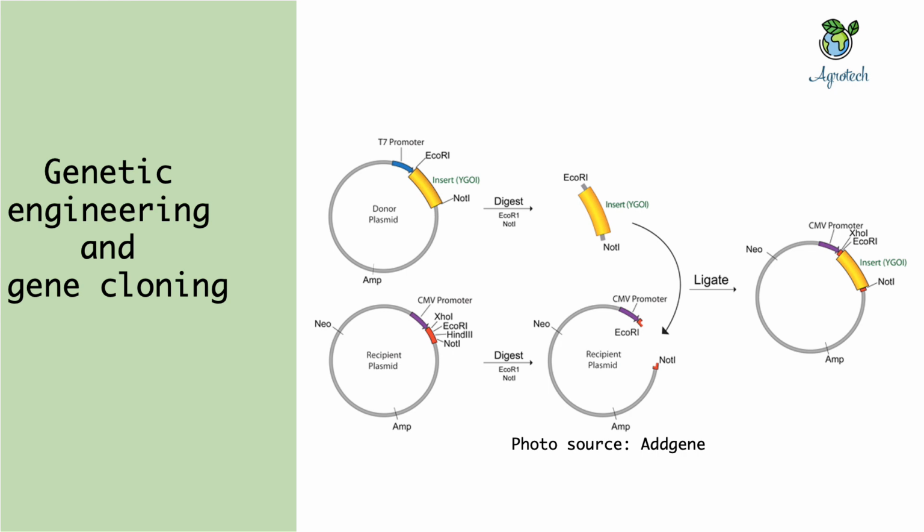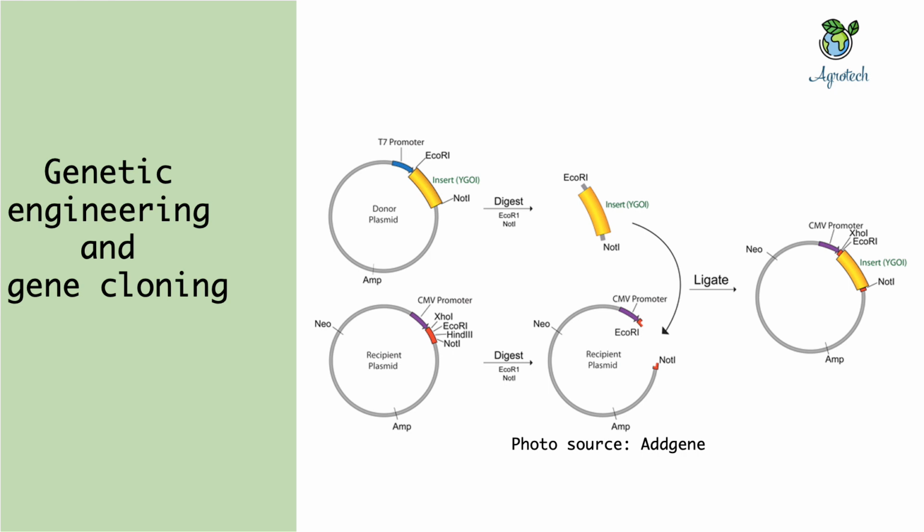Cutting the donor plasmid and recipient plasmid is not mechanically possible because they are very tiny. What we have to do is use restriction enzymes to cleave our desired fragment of DNA and to cut or open the recipient plasmid DNA as well. Then what can we do once we cleave the DNA?